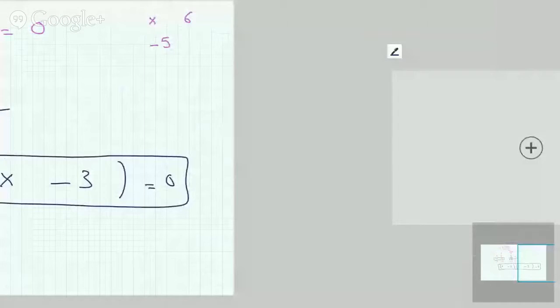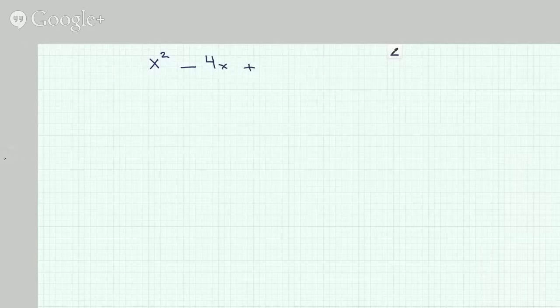Let's take another example. Let's say we have x squared minus 4x plus 12 equals 0. Again, same strategy. We know that we need two numbers.